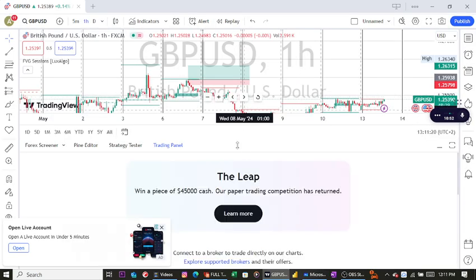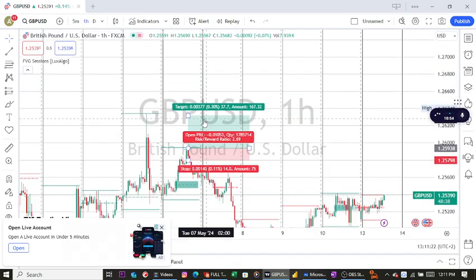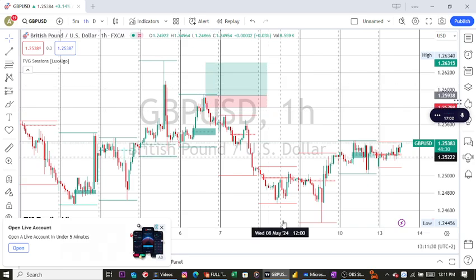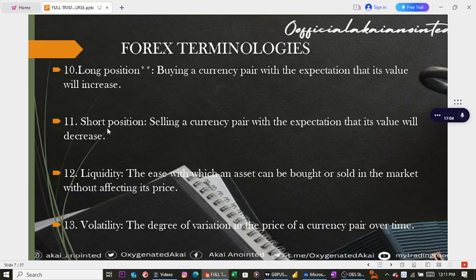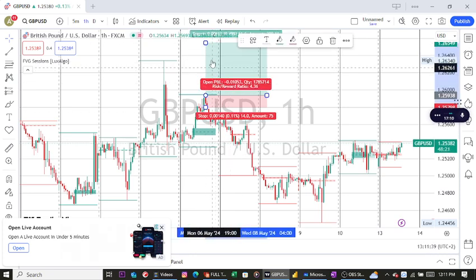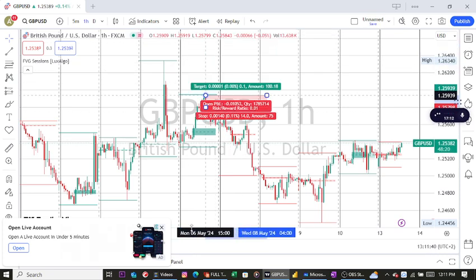So at least I've been able to show you what a stop loss looks like. In our next module, I'll be setting it live for you to see. So that's for the long position. That's buying. I'm buying. So what if it was a sell position?